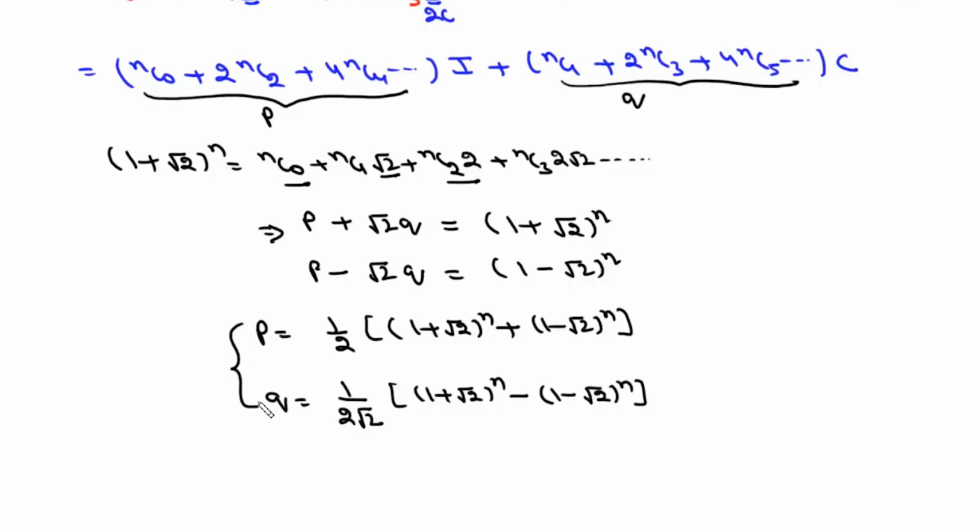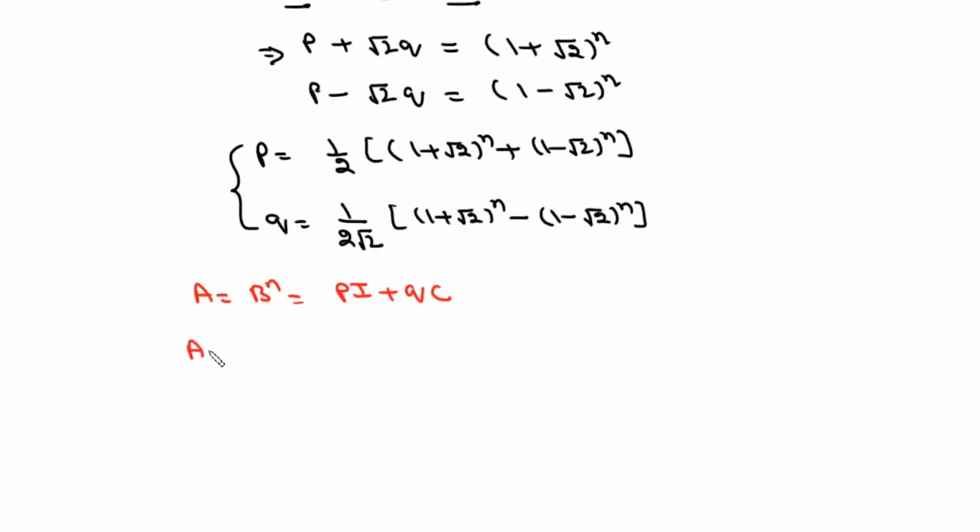So now we have worked out the values of P and Q. So basically we can write A, which is B to the power n, as PI plus QC. So this A will be P, 0, 0, P plus Q into C. Now C was [1, 1; 1, -1].